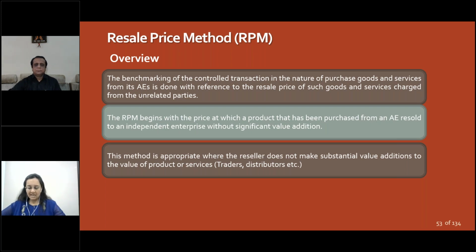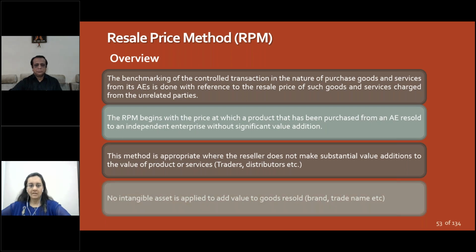The slides are there, and I'll quickly take you through them in the interest of time. We're nearing 5 o'clock. Also, RPM and CPM both have one thing in common: usually there are no intangible assets in either scenario.